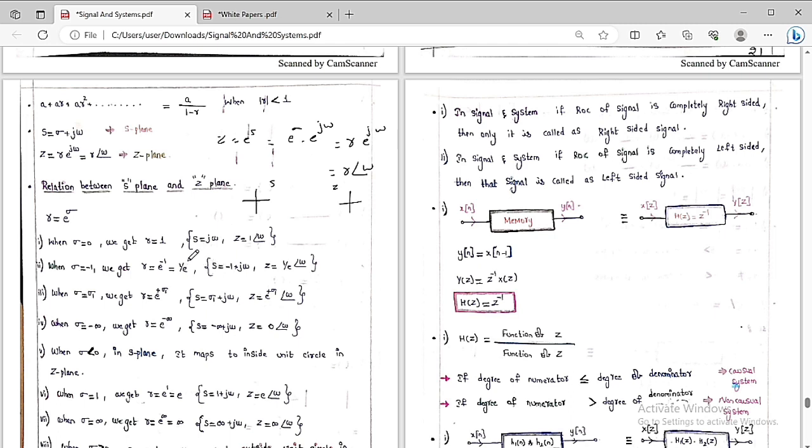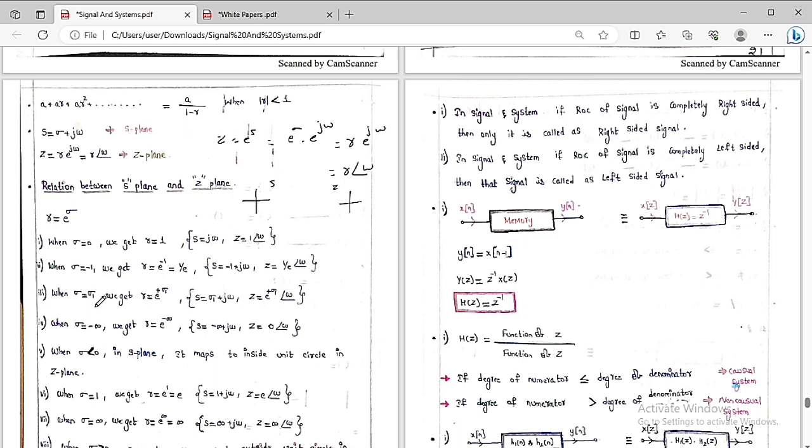So all of the left half of the S plane is going to map inside the unit circle of the Z plane. S is equal to -1 plus j omega gives Z equal to 1 by e at an angle of omega. Because the 1 by e value is less than 1, the left half maps inside the unit circle.